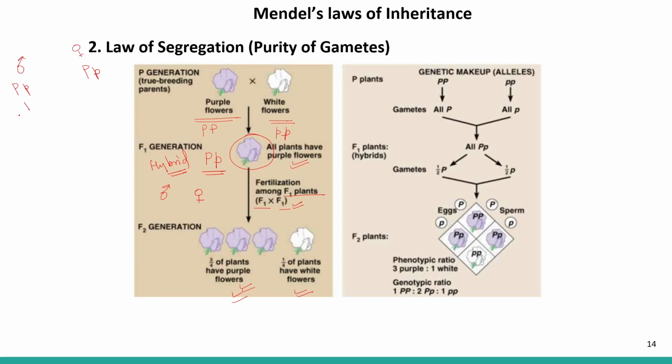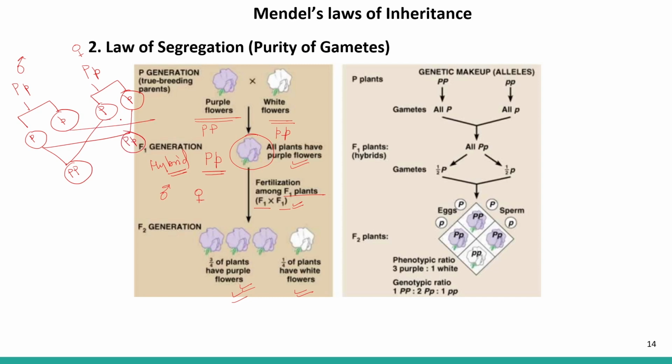So each will form two types of gametes, capital P and small p, right? And they will unite in this way. There may be different combinations. So one of the combinations can be capital P, capital P. This can be capital P, small p.